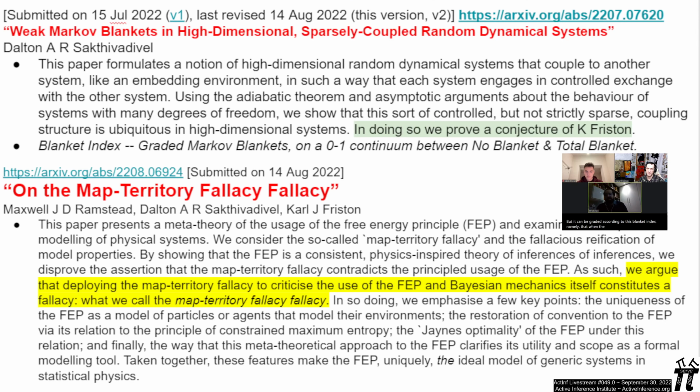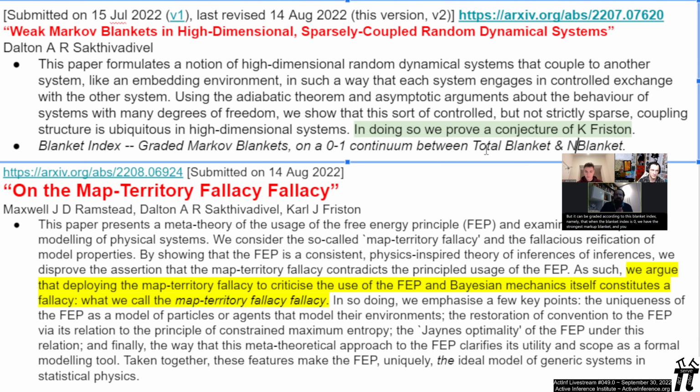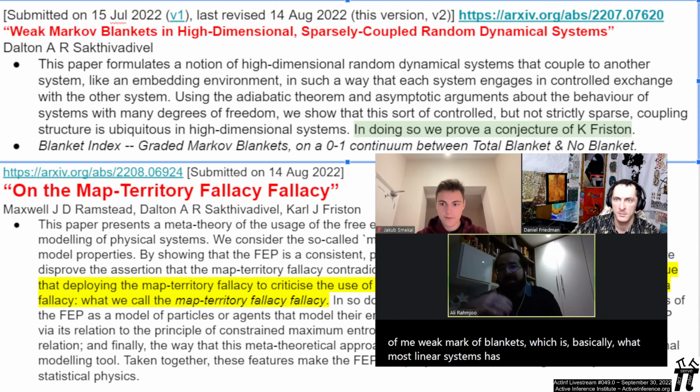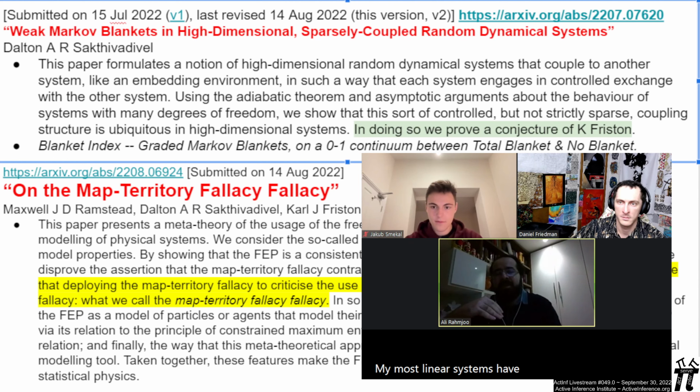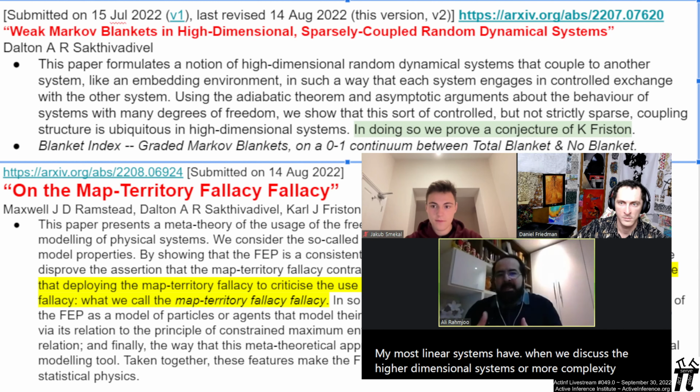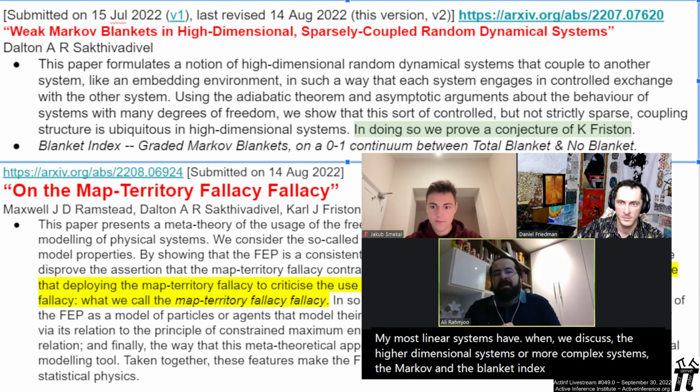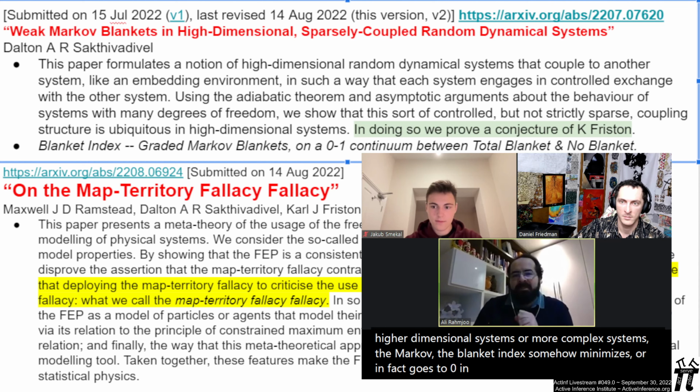Namely, when the blanket index is 0, we have the strongest Markov blanket. I mean, that also recovers the sparse coupling conjecture. But when it maximizes, we have this concept of weak Markov blankets, which is basically what most linear systems have. But when we discuss higher dimensional systems or more complex systems, the blanket index minimizes, or in fact goes to 0, in sparsely coupled systems.